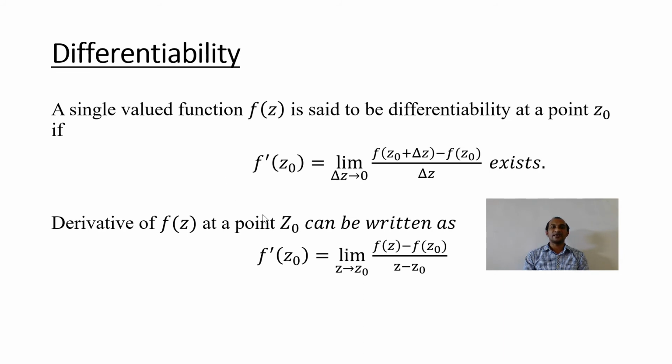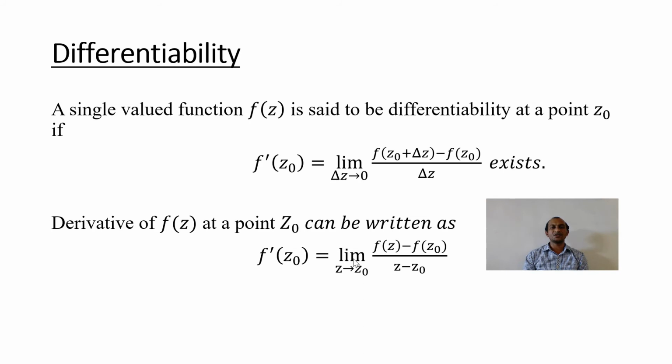If this limit exists, then the function f of z is differentiable at z0. Now the derivative of f of z at z0 can be written as f dash z0, equal to limit z tends to z0 of f of z minus f of z0 upon z minus z0.